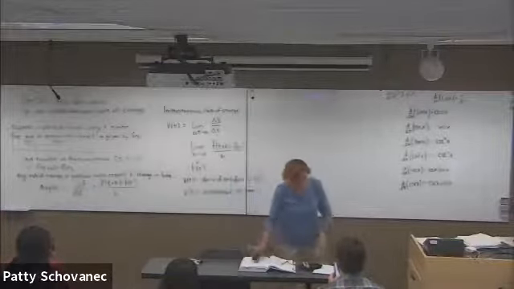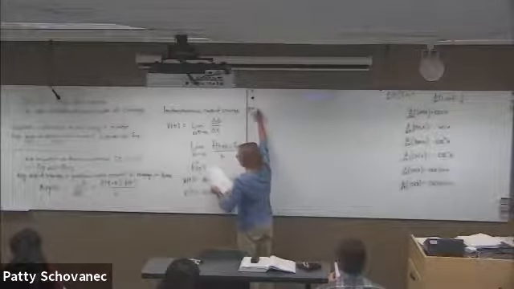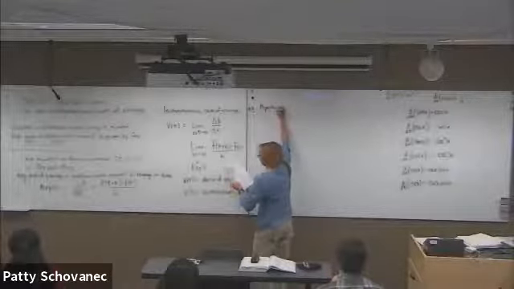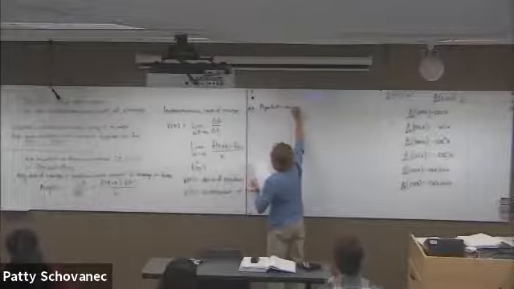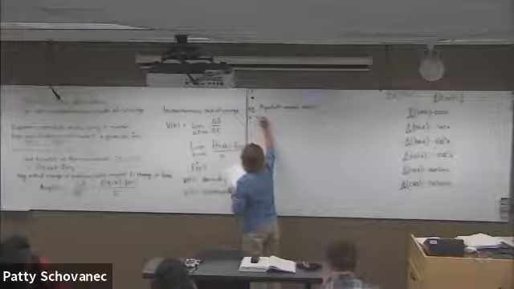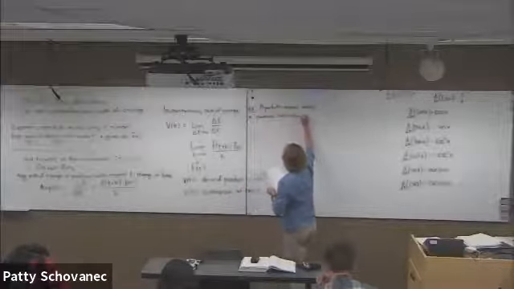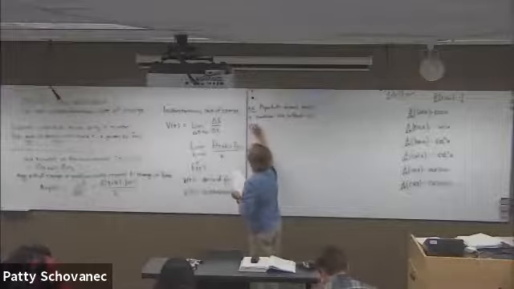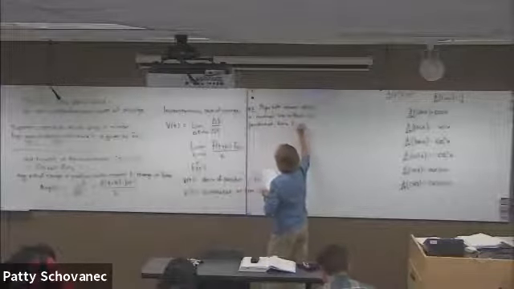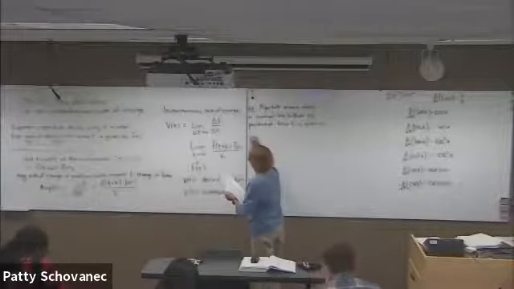Let's look at this first example here. The particle moves along a number line so that its position at time t is given by s of t.